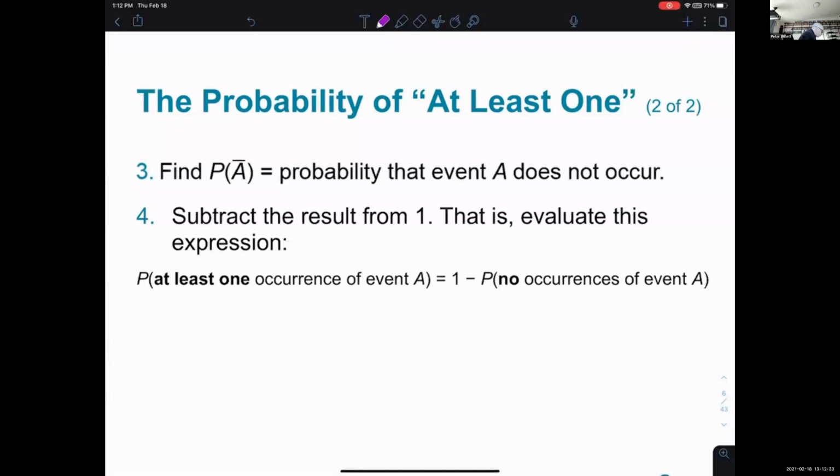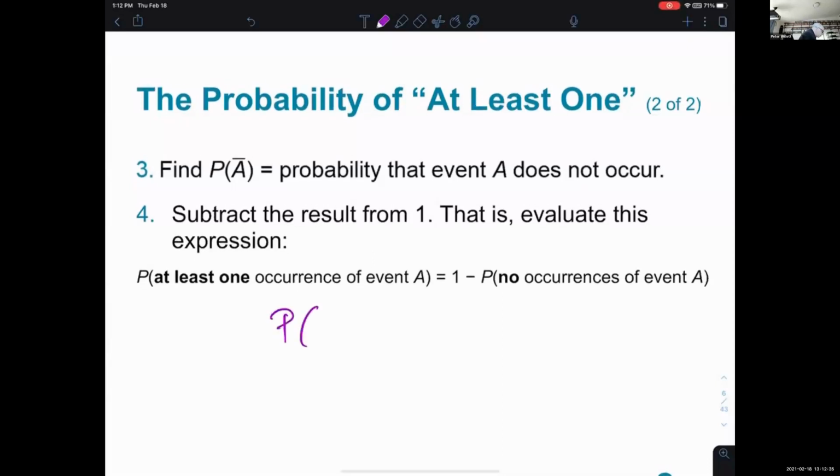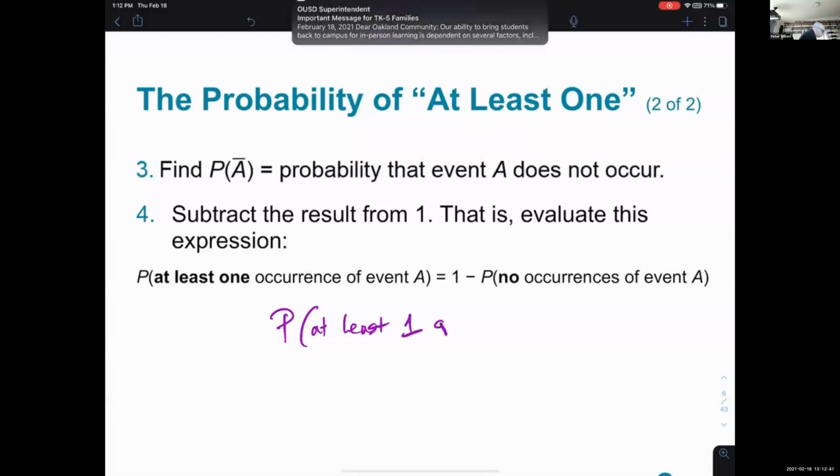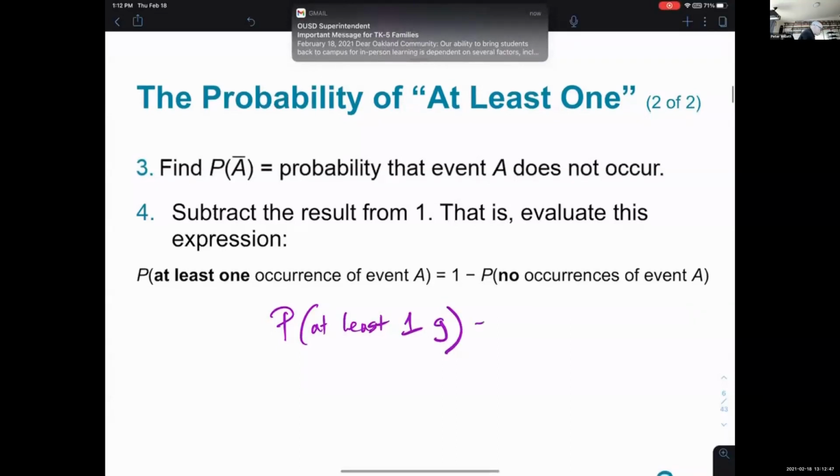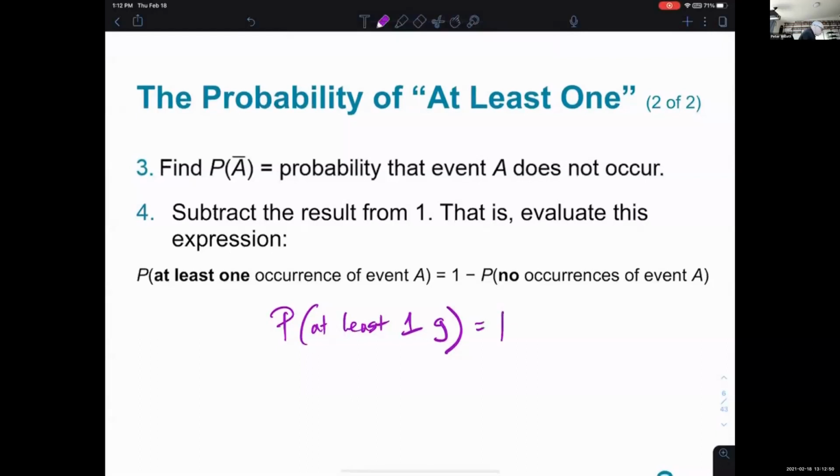So we could say, for example, what is the probability with having the 3 kids of at least 1 girl? What they're saying here is that that would be equal to 1 minus the probability of no girls.